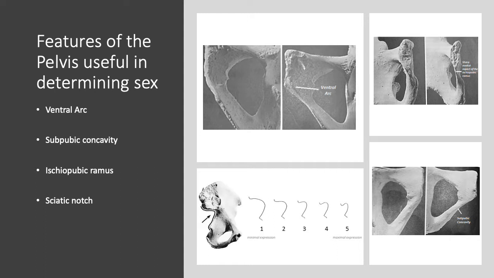So it's a more acute notch in males than in females is the general pattern. And when you combine a number of different traits in here, then you're able to be even more certain that your determination of sex of the individual has merit.